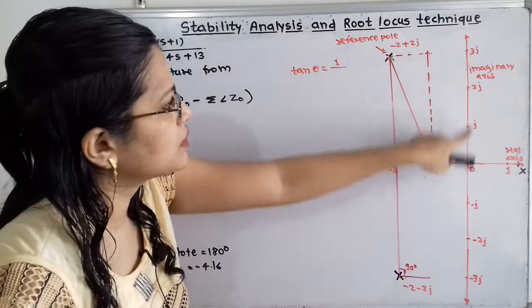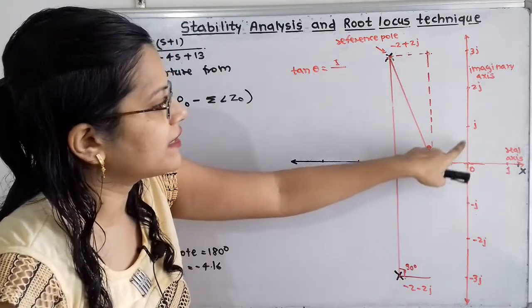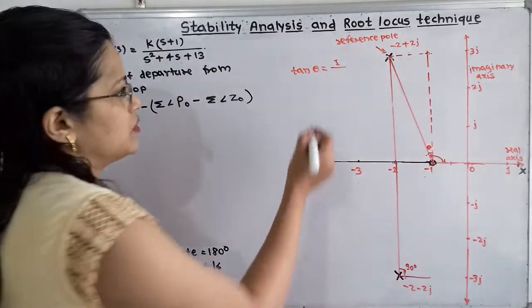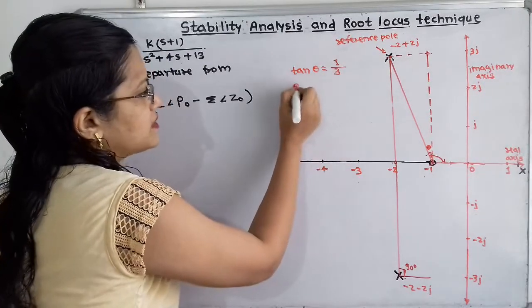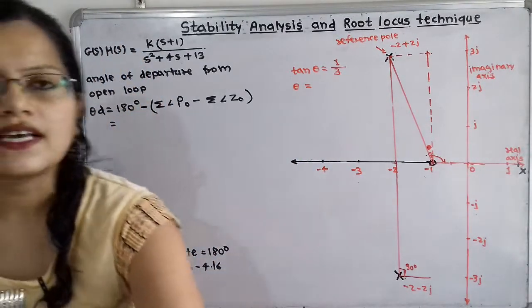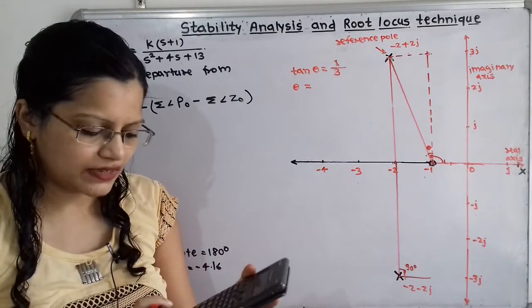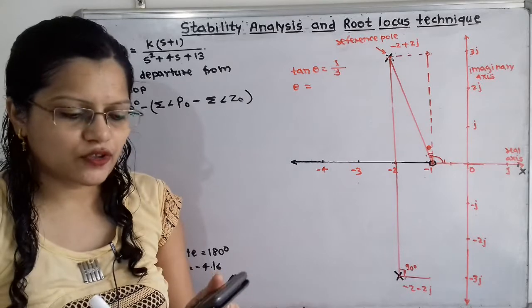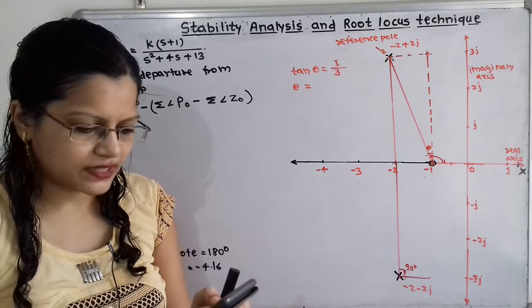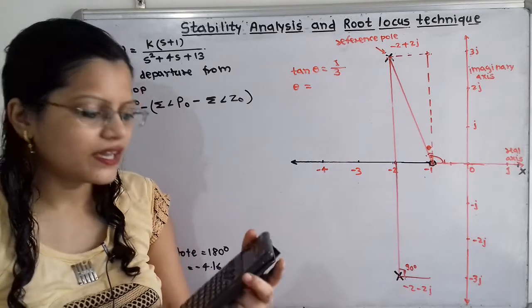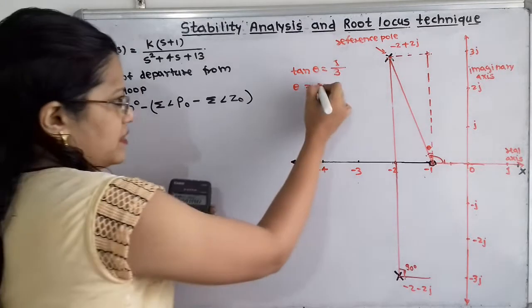It is from 0 to 3j, so the total height is 1, 2, 3, which is 3 units. So 1 by 3. So what is the angle theta? Theta is tan inverse of 1 by 3. Taking 1 divided by 3, that is 0.33, and taking the tan inverse, the answer is 18.43 degrees.